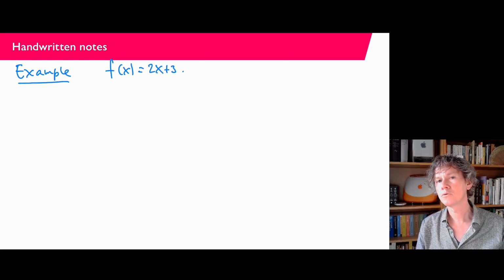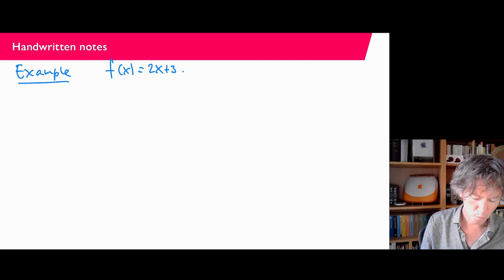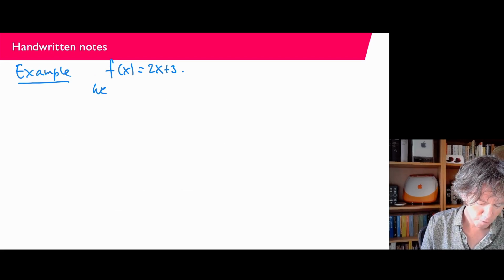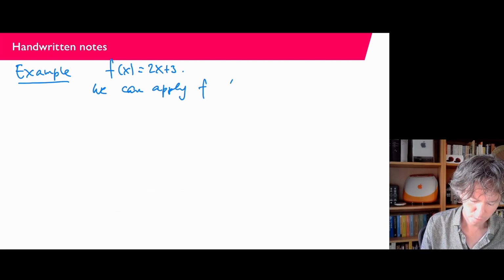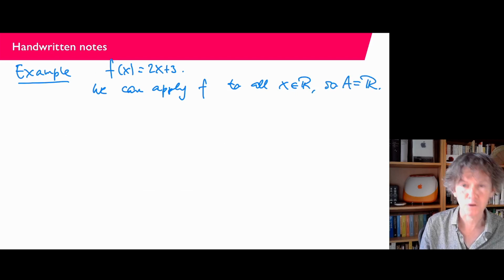Now, if you would like to know what the domain is of this function, we are going to consider the largest collection of numbers that we can apply it to. Well, we can apply f to all x in R. So the domain that we labeled A is every real number.